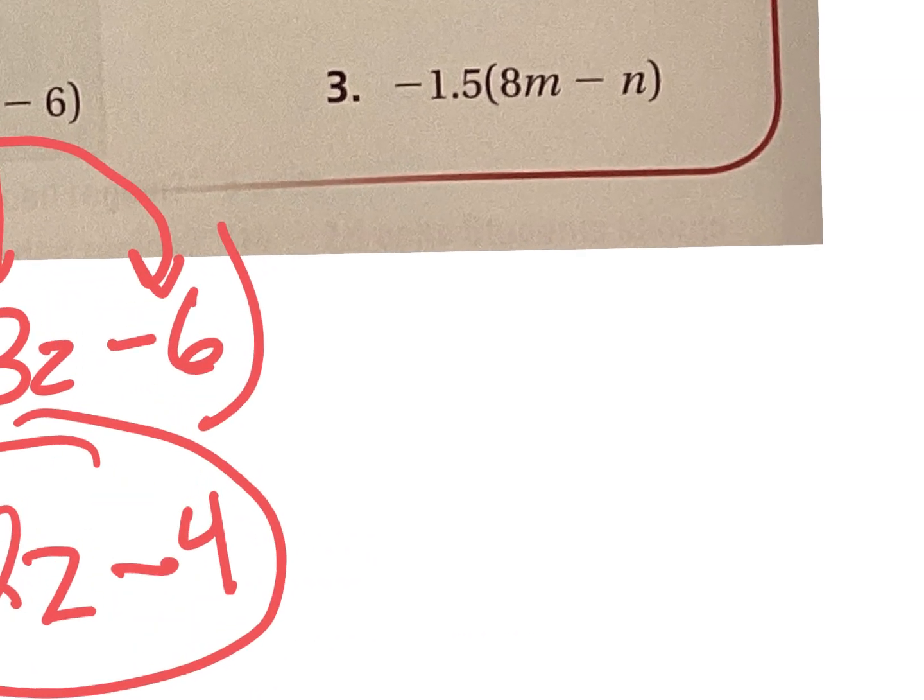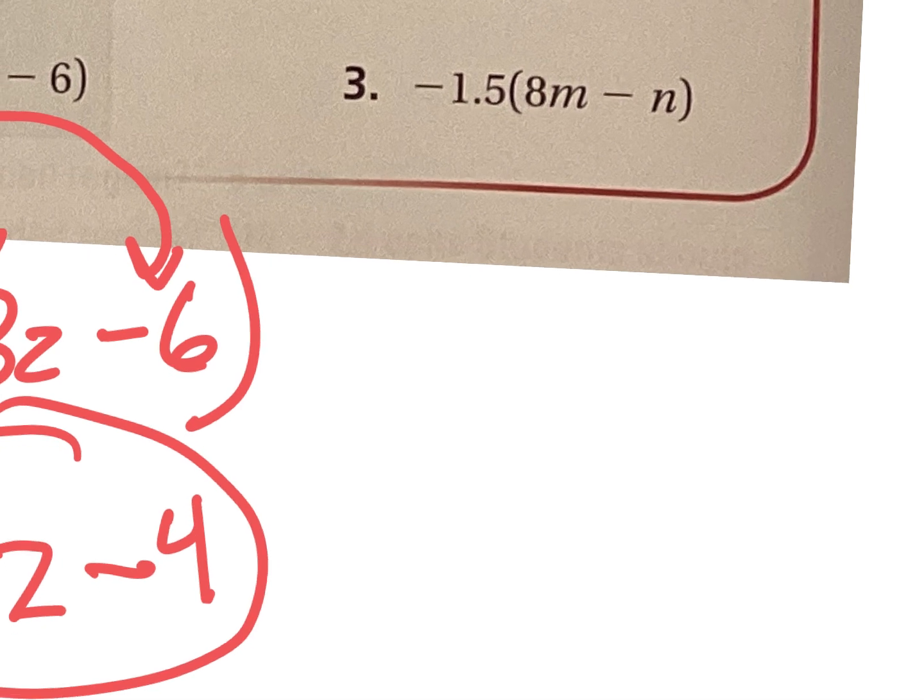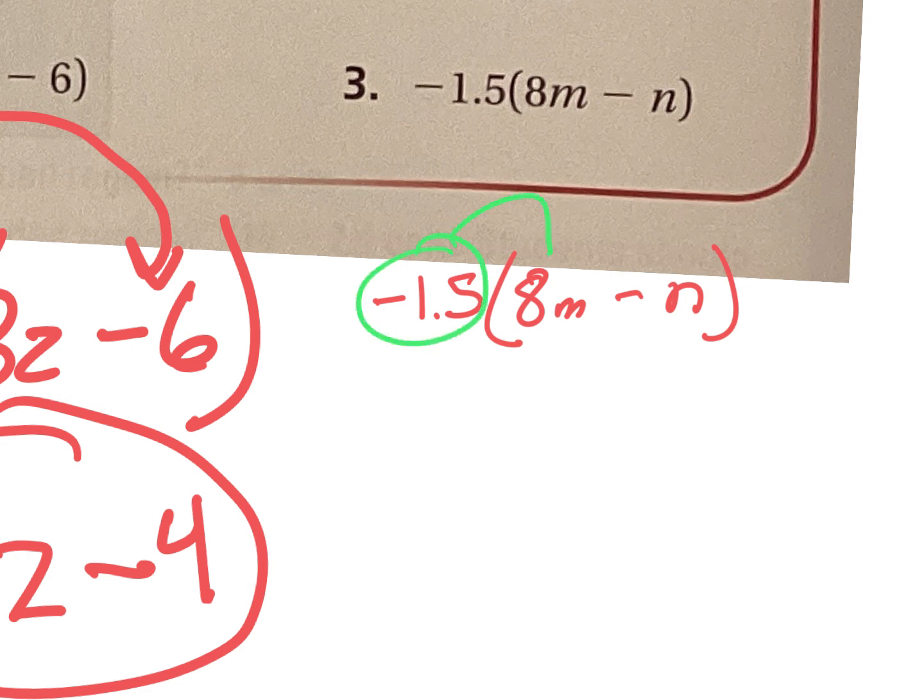Next one. Negative 1.5, parentheses, 8m minus n. So I need to take this times this, and that times that. Okay, negative 1.5 times 8 is a negative 12, and the m comes along with it.